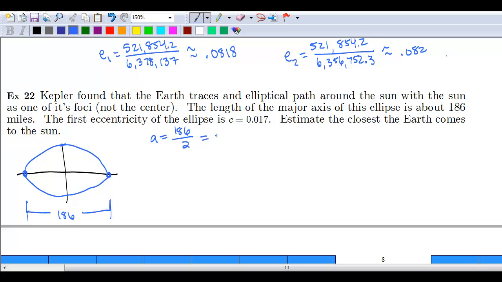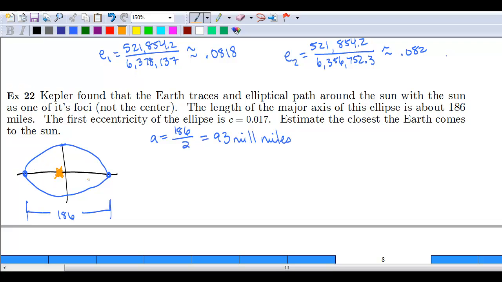It would be 93 million miles. So we know A in this case is 93. Again, the Sun is our foci, so it's pretty close to being at the center, but not completely there. And so we want to find the distance here that's the closest between those two.